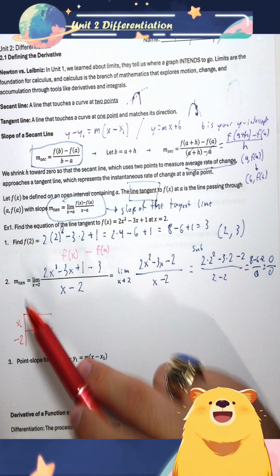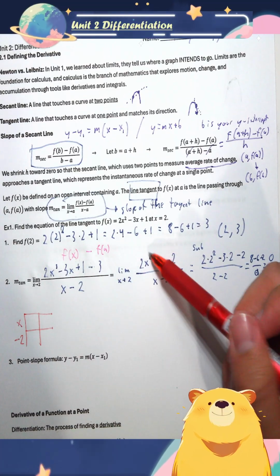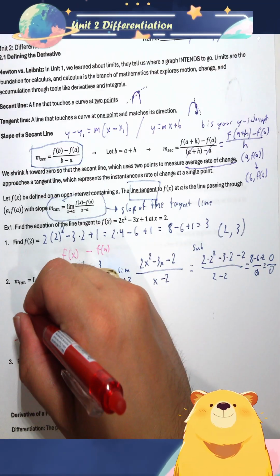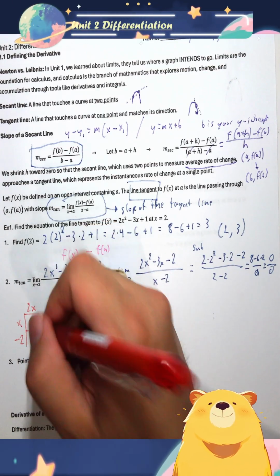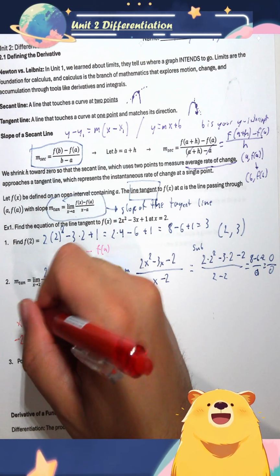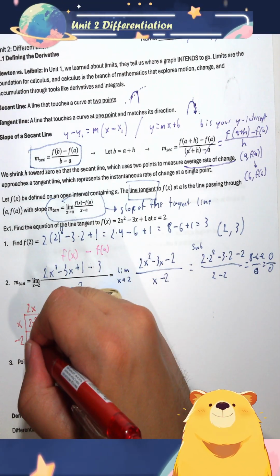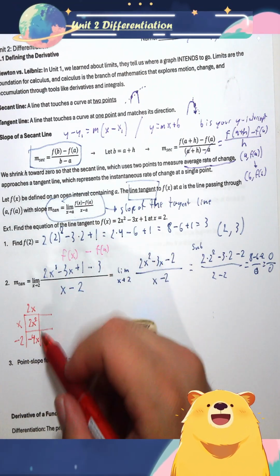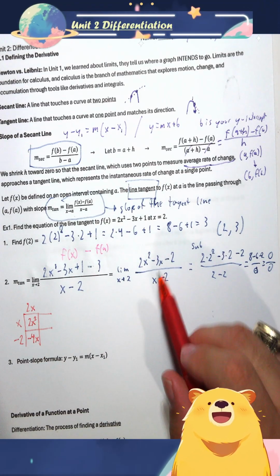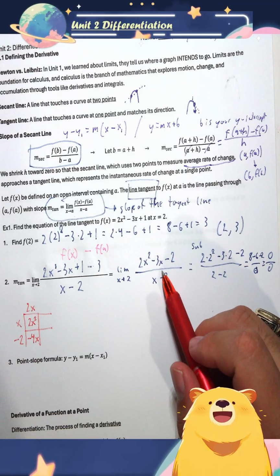The first thing that we want to make pop up in this square is the higher degree term, 2x squared, which is just 2x. So 2x times x is 2x squared, but 2x times negative 2 is negative 4x. So now we need to adjust these squares so they combine into negative 3x, right?